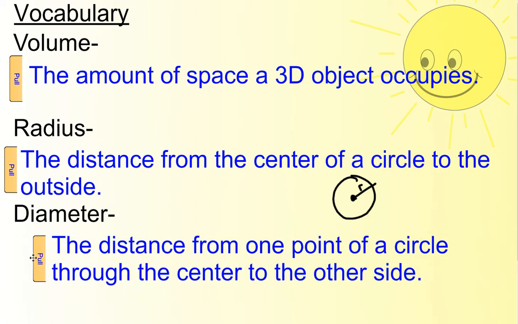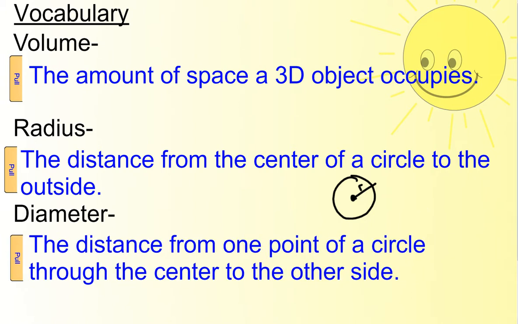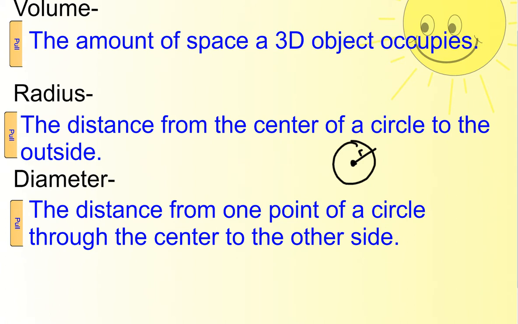And a diameter is the distance from one point of a circle through the center to the other side. So if you have your circle, a diameter goes through the center and touches both points. Basically, it cuts the circle exactly in half. So a diameter cuts the circle in half.